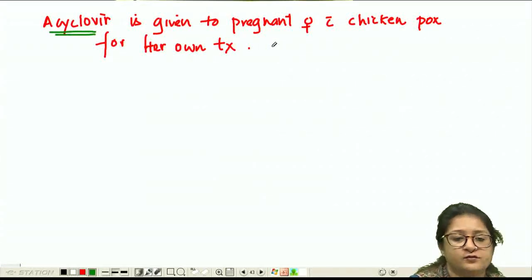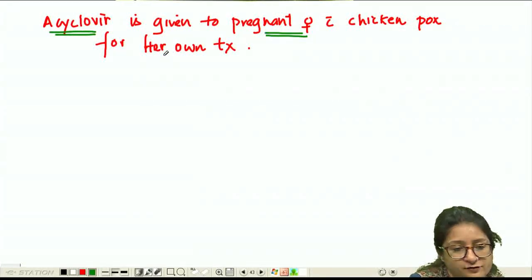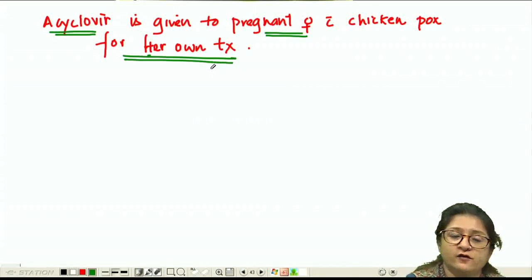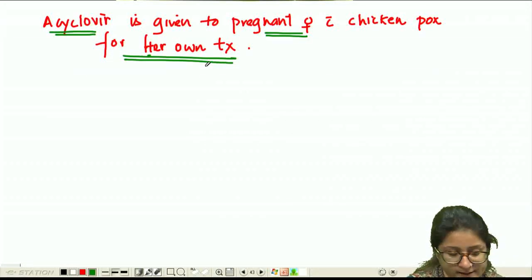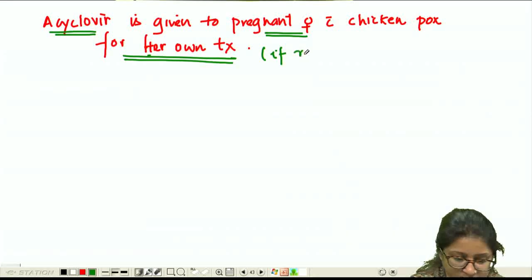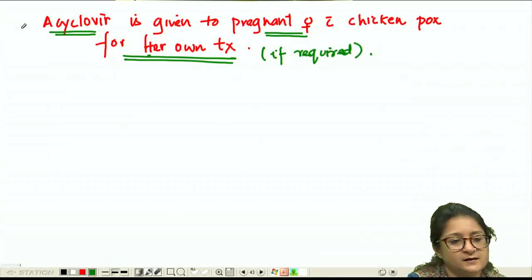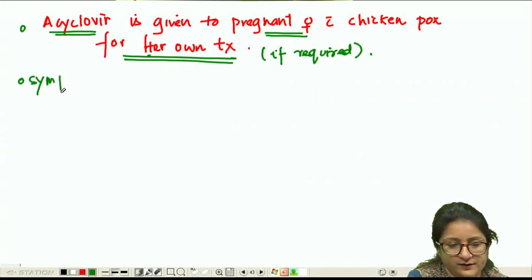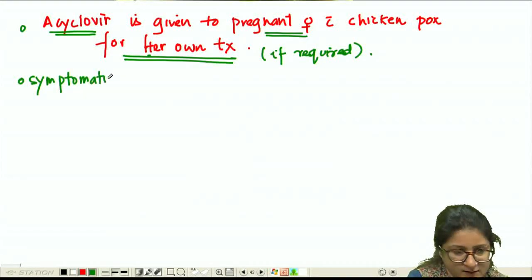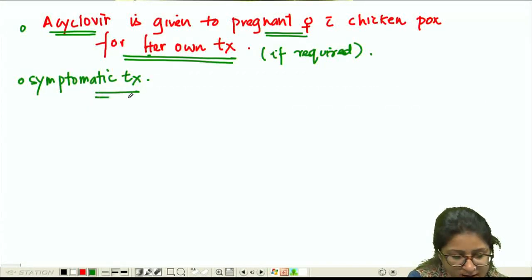Therefore, it will be given if required. Otherwise, symptomatic treatment for fever and rash is done.